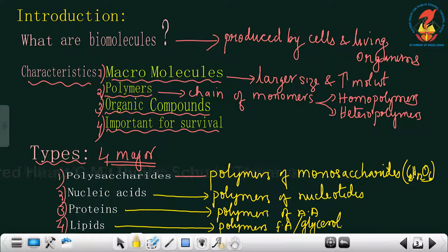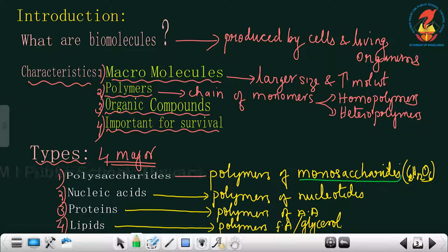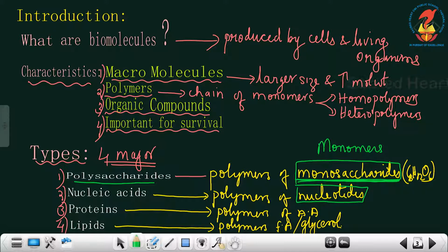So here I have focused on the monomeric units. What I am highlighting in green are the monomers. Monosaccharides are the monomeric units of the polymer polysaccharides. Nucleotides are the monomeric units of the polymer nucleic acid.